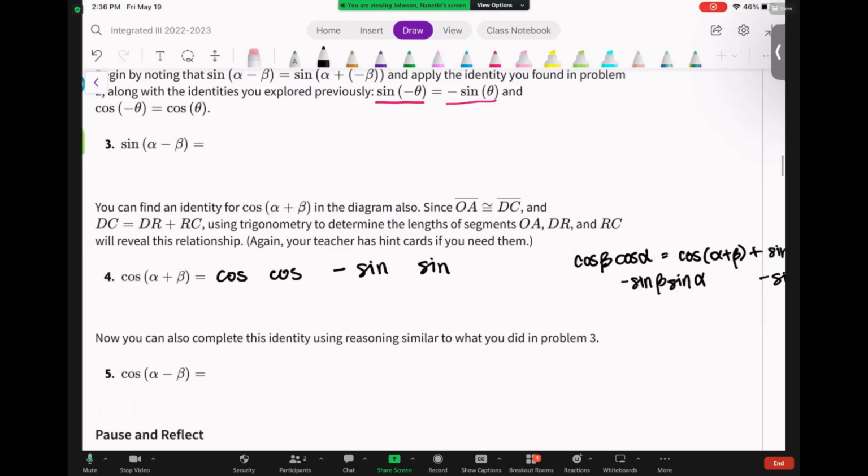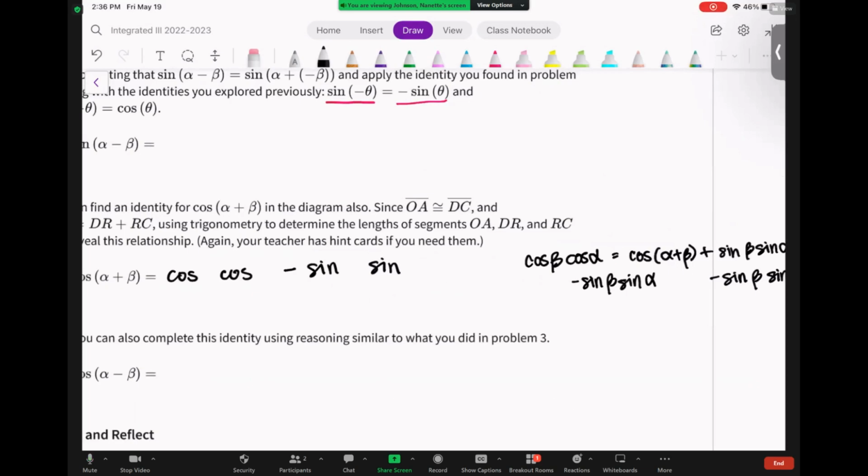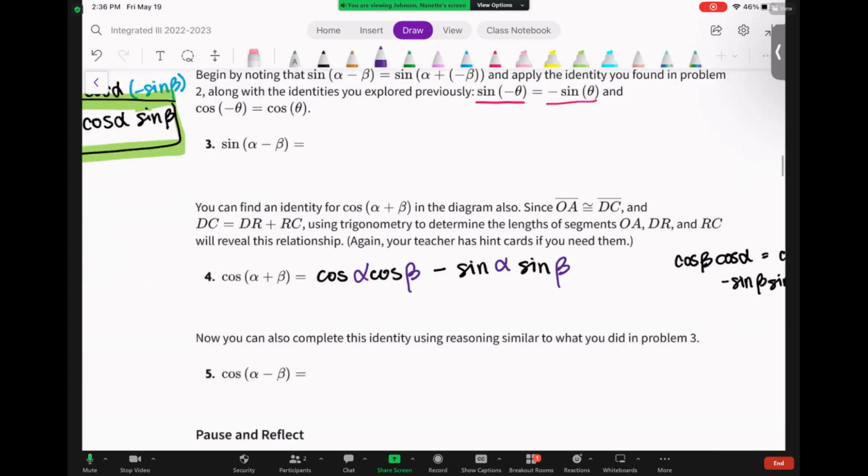And then I'm just going to put alpha, beta again. So here I go with my alpha, beta, alpha, beta. Okay, so here's yet another one that we've learned. And we're all just building on these from each other.